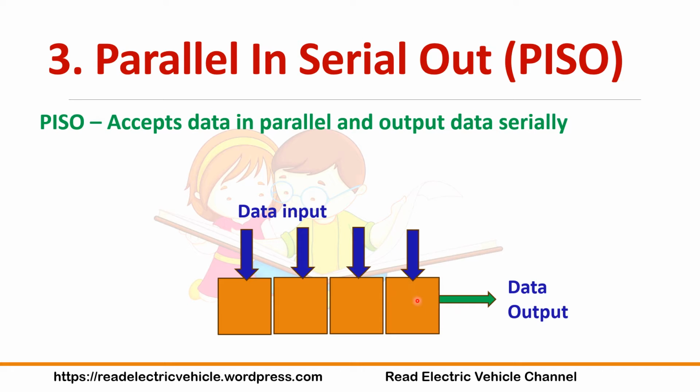It means that only the output in the last flip-flop will be taken out. If I want to take all the 4 outputs, I have to shift the data from this flip-flop to the next, and then it will come out. So step by step I have to take the output serially.